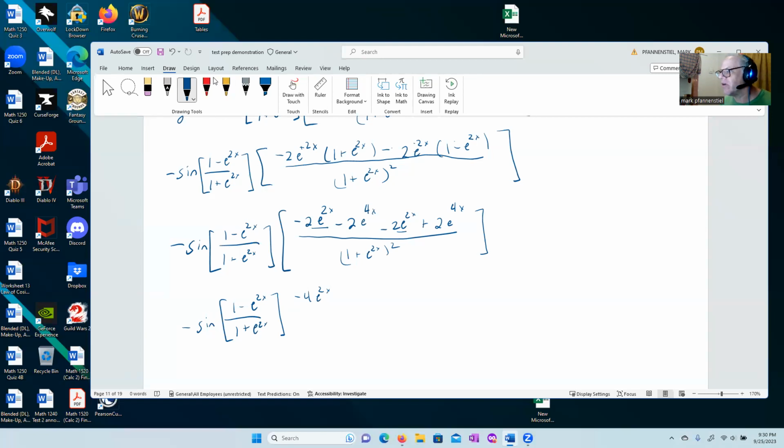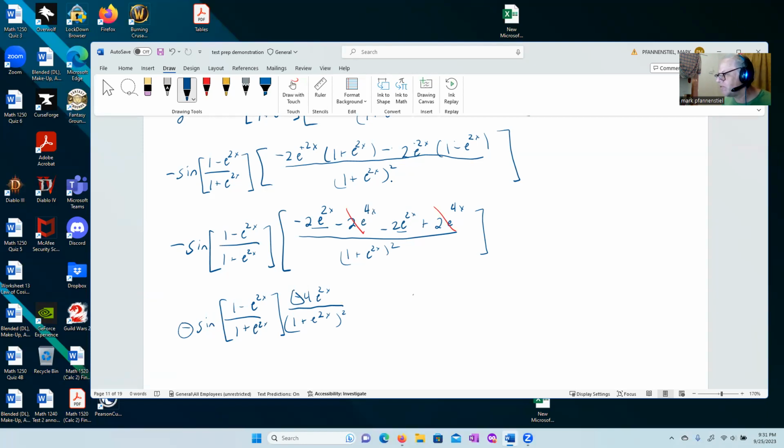So these go ahead and cancel out. We can't do anything with the bottom, so we're just going to let it sit there: 1 plus e to the 2x, all squared. There's nothing here that's going to cancel with anything. Since we're not doing any calculations afterwards, let's leave that alone. The only thing to clean up here is the fact that we've got two negatives.